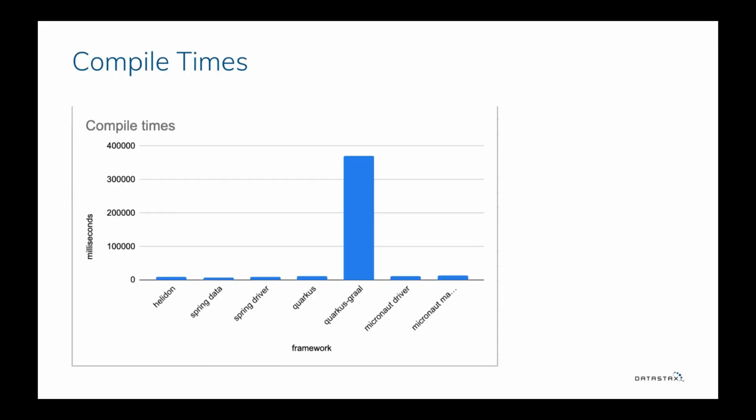Let's start with compile time results. Please note that you may observe different compile times depending on your environment, but the overall trend should be similar. The compile times are very similar between frameworks. Only the Quarkus Graal is 30 times longer than any other framework.